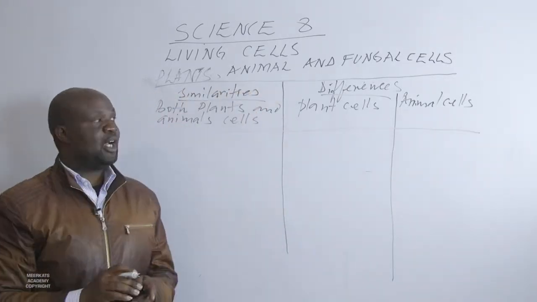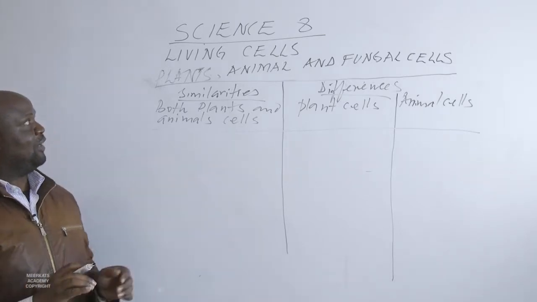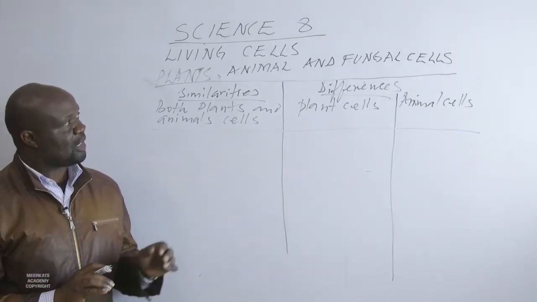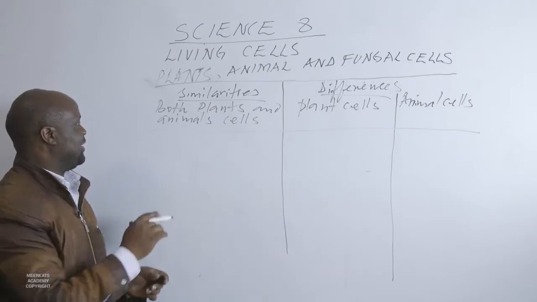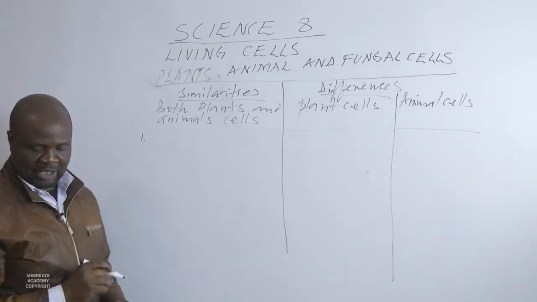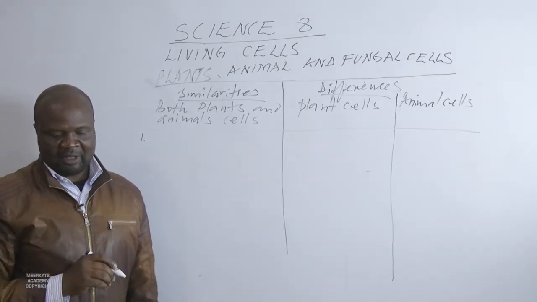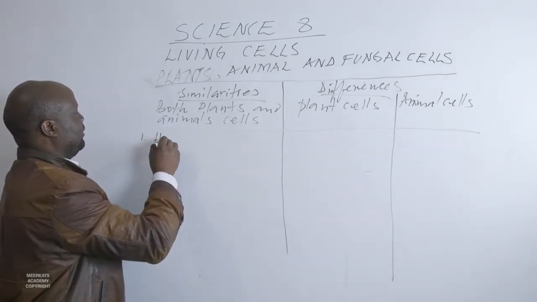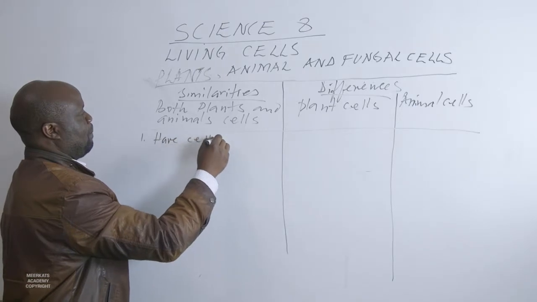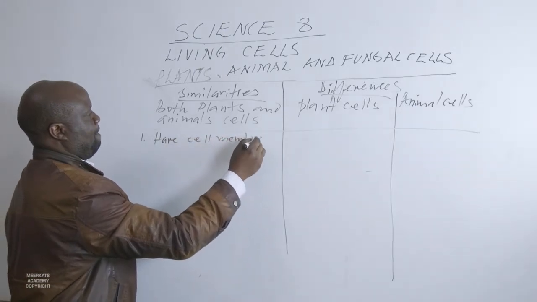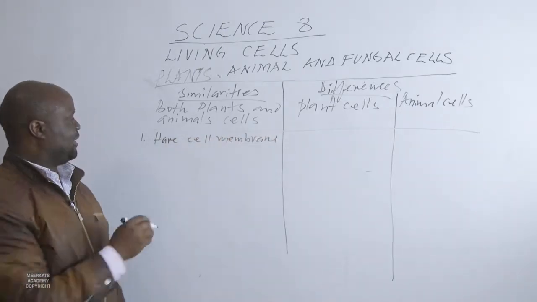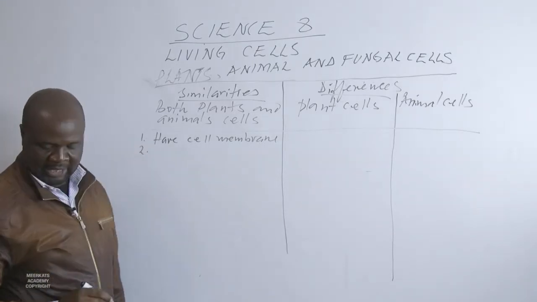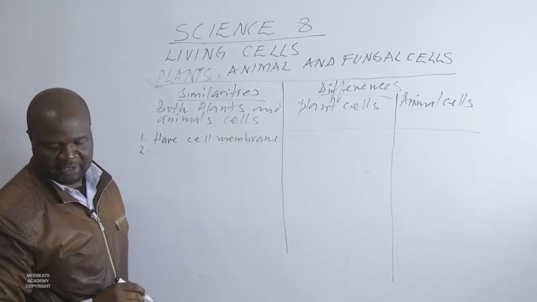Now, we have that rough table where we can have similarities on this end. For instance, similarity one: they have a cell membrane. So both plants and animals have a cell membrane. Similarity number two: both have cytoplasm.